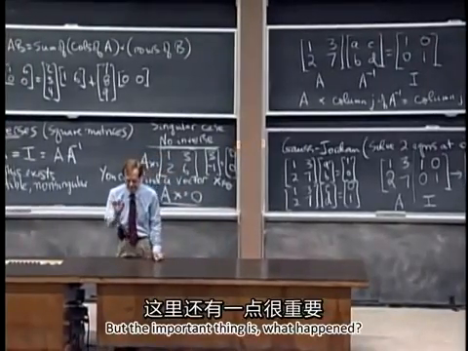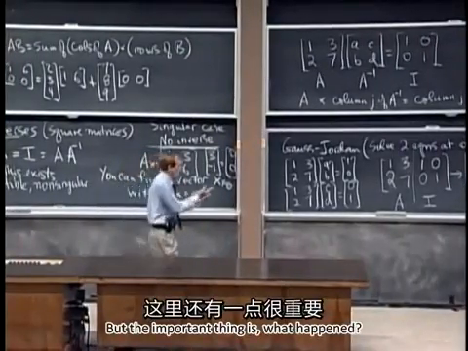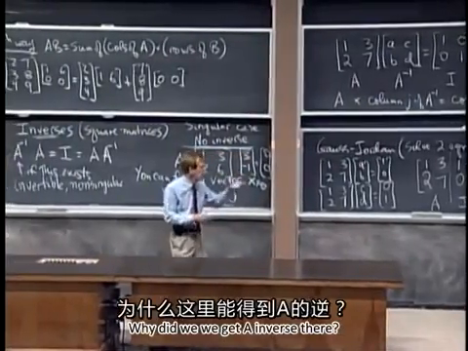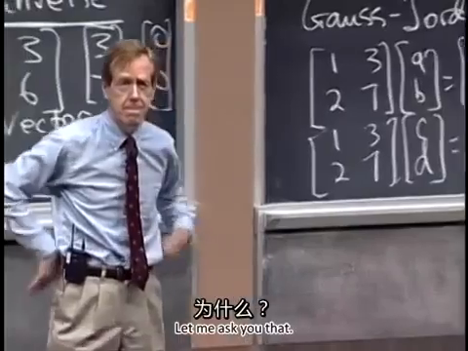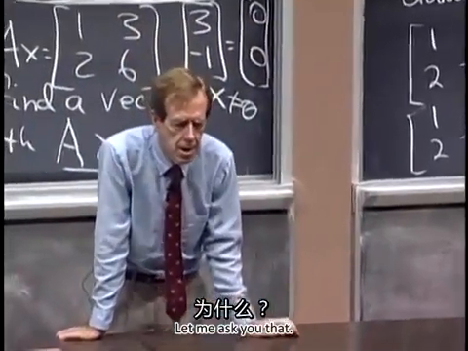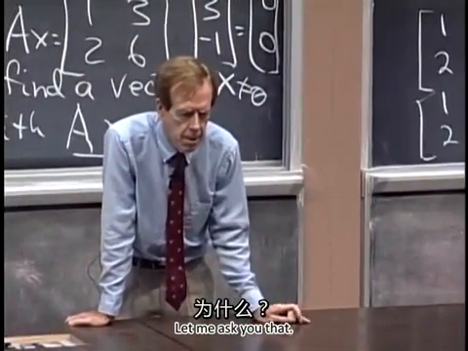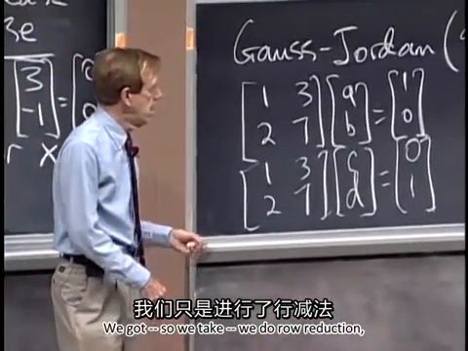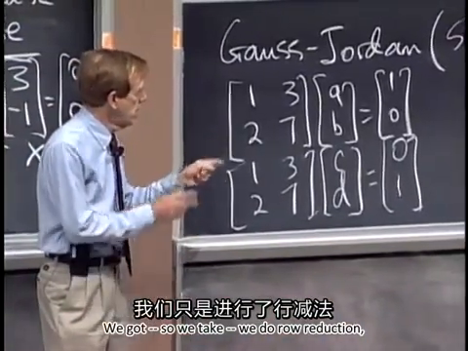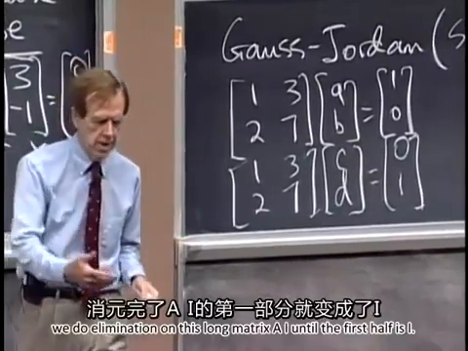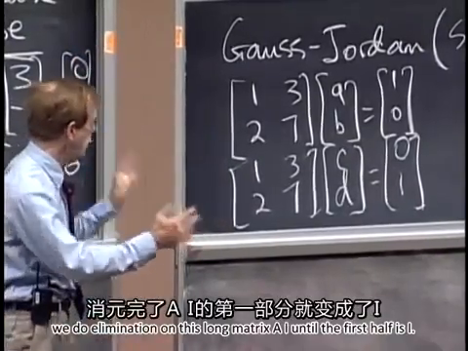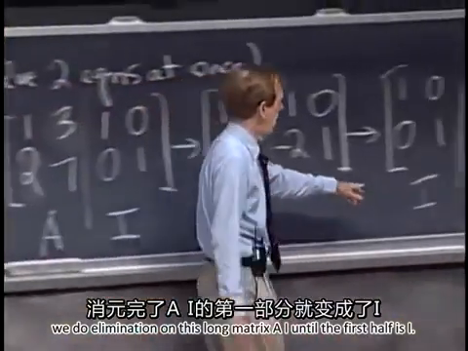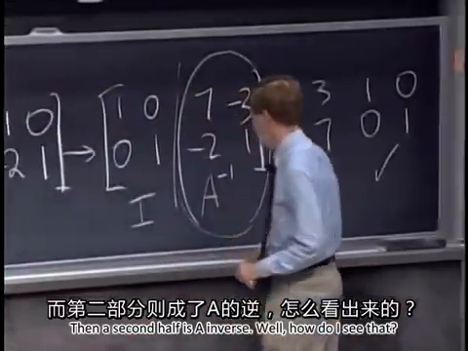But the important thing is: what happened? Why did we get A inverse there? Let me ask you that. So we do row reduction, we do elimination on this long matrix A I until the first half is I. Then the second half is A inverse.